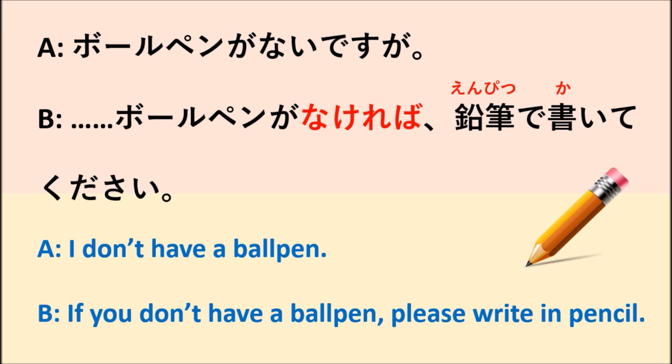Anything that ends with i, you just cut out the i and put kereba after that. So you say nakereba, cut out the i, the rule that you just learned. ボールペンがなければ鉛筆で書いてください。Which means if you don't have a ball pen, please write in pencil.